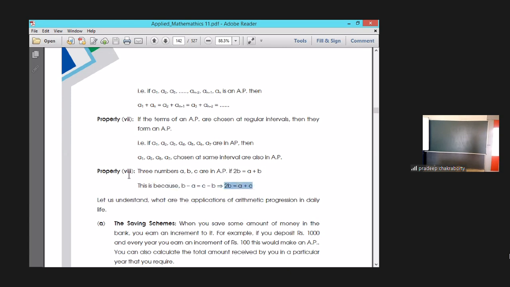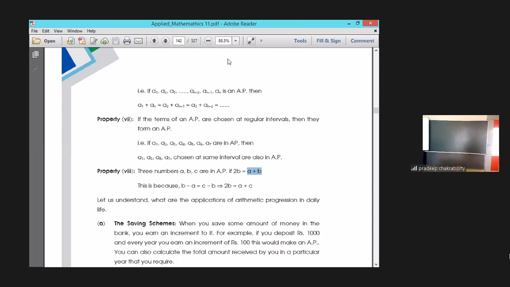Whatever they have written there is correct, because B minus A equals C minus B. मतलब खाली ऊपर B की जगह C आना चाहिए ऐसा ना? हाँ, twice B equal to A plus C. That is a correct statement. ये जो पहला लिखा है 2B equal to A plus B, ये wrong है. So don't consider it. इसमें ये wrong print हुआ है. That is wrong. Okay, so that is a wrong statement given.